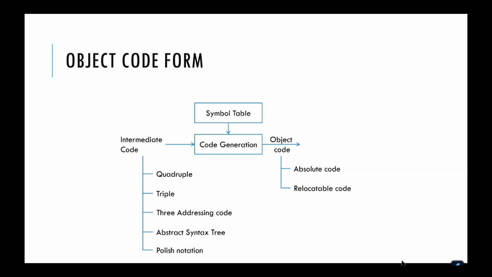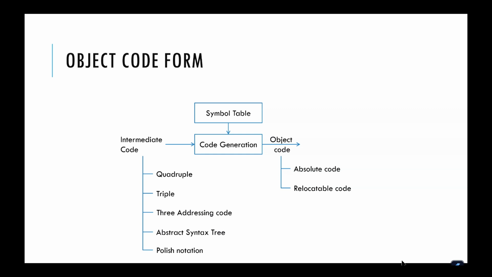The advantage of generating relocatable machine language code is that we gain a great deal of flexibility in being able to compile subroutines separately and to call other previously compiled programs from an object module.